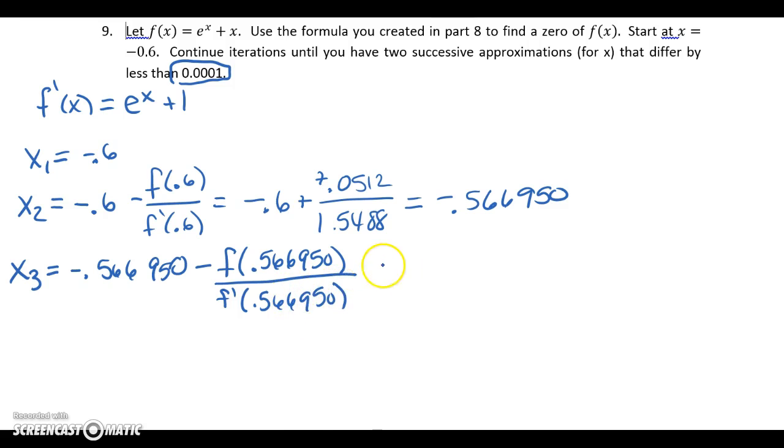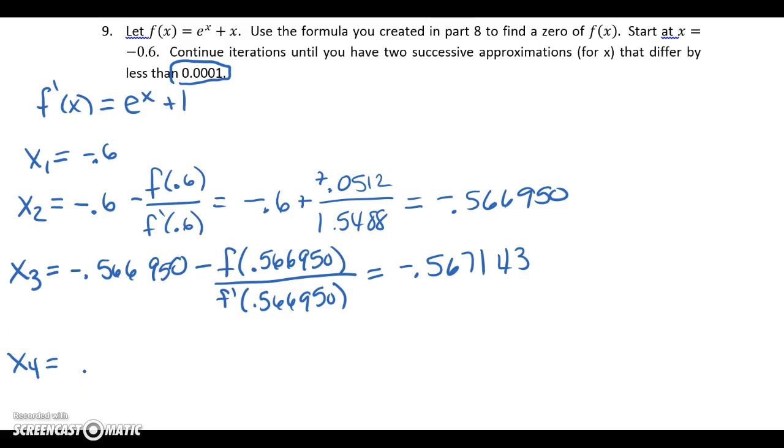Now you can see this is getting a little bit tedious to write, so I'm not going to do this each time. But we do end up getting a solution that is a little bit closer to our true answer, and it is negative 0.567143. Still not within 0.0001 of our previous solution, so we're going to have to go again here and find x4.